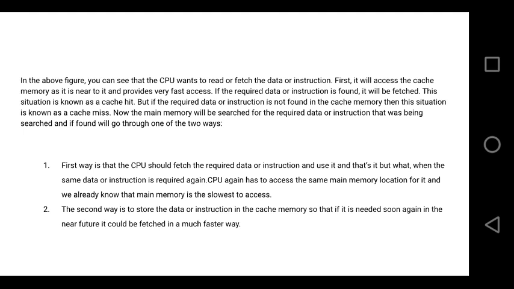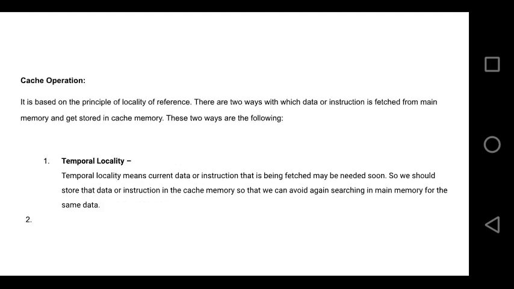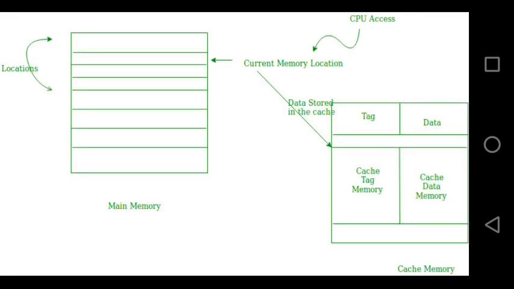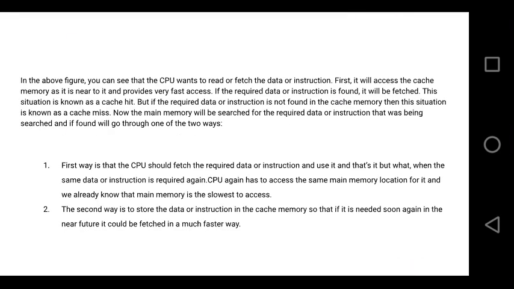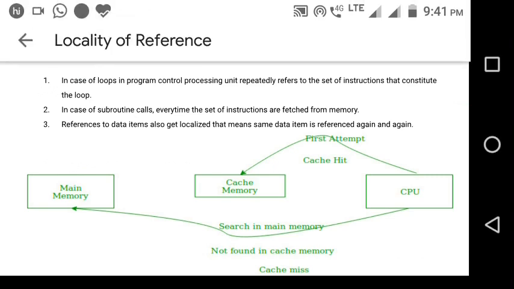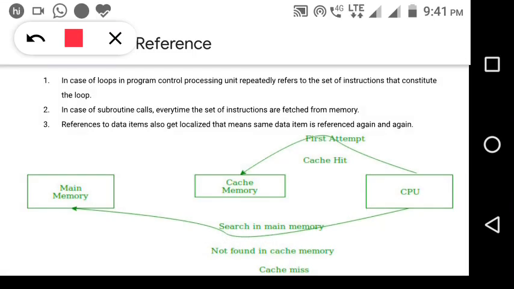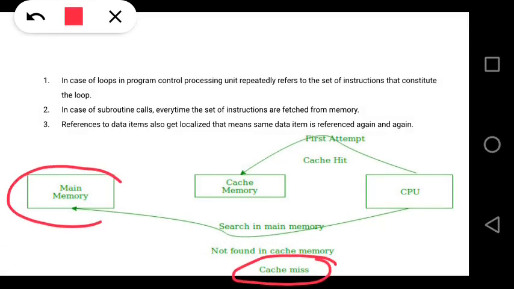So in case of cache miss, what happens? It will verify the particular memory location and see that the word is available in the memory.